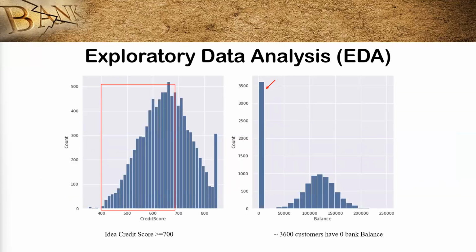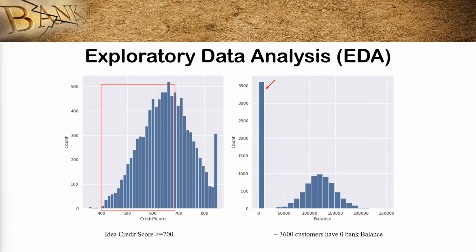As you can see on the credit score chart, the majority of our customers have a credit score less than 700, while the ideal score should be more than or equal to 700. We can conclude that customers with low credit scores have a tendency to exit. It shows that we have more non-reliable customers.